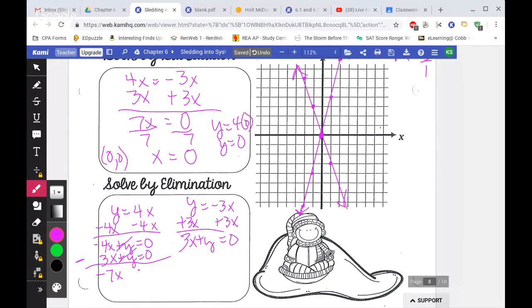The y's eliminate. And now I'm going to divide both sides by negative 7. And x equals 0. Substitute the 0 back into one of the two equations. And I get 0, 0 all 3 times. So I know that I'm correct.